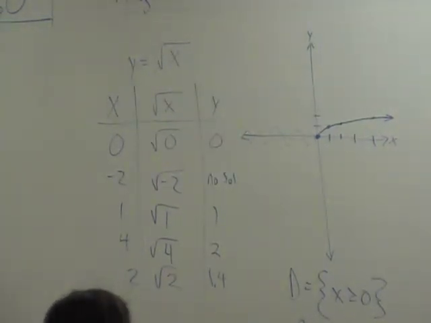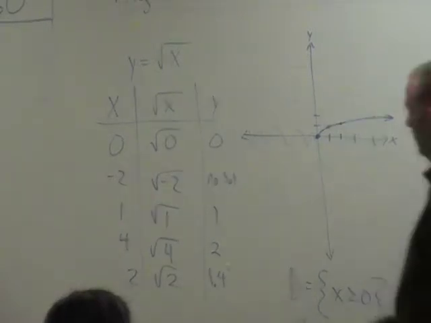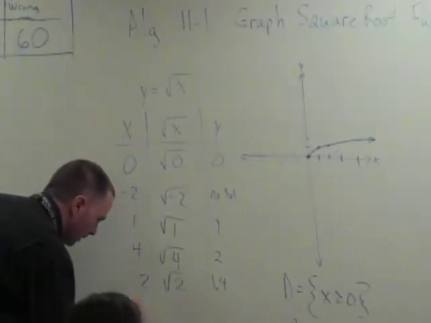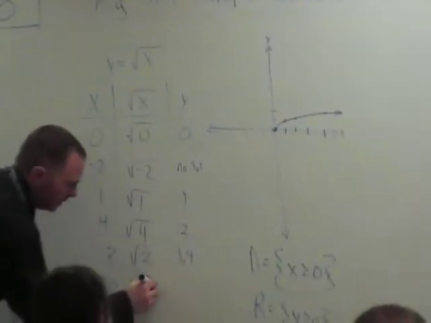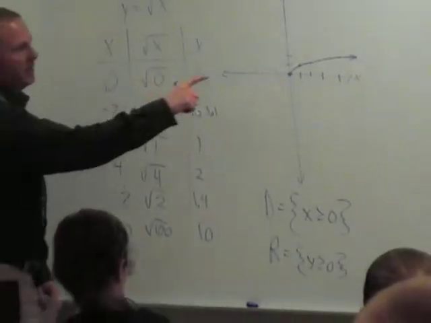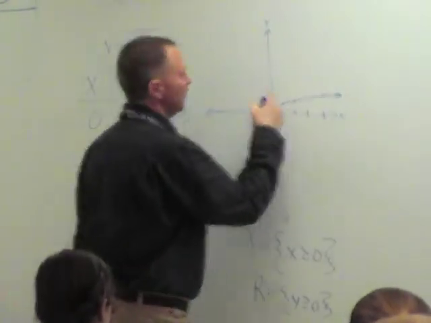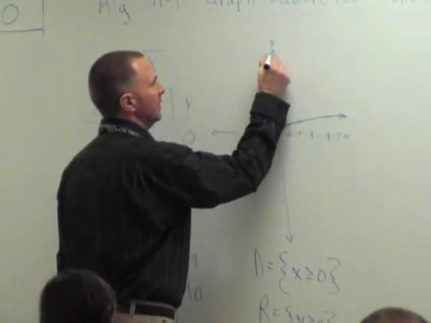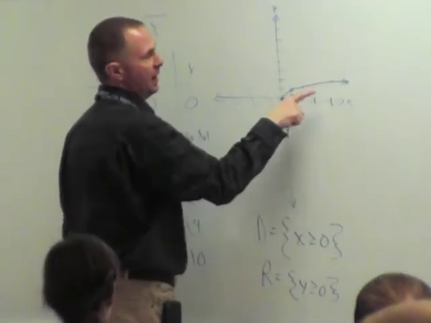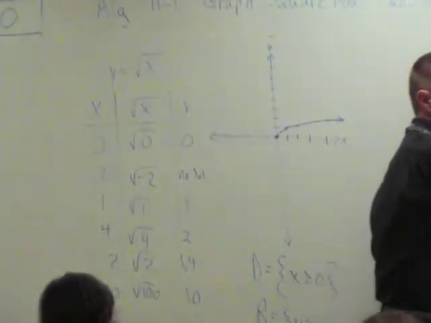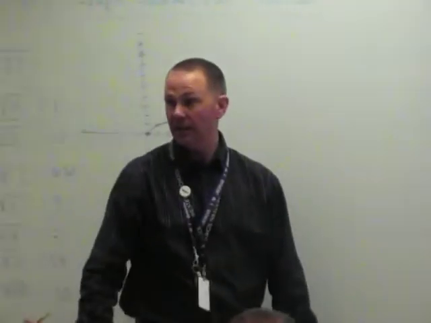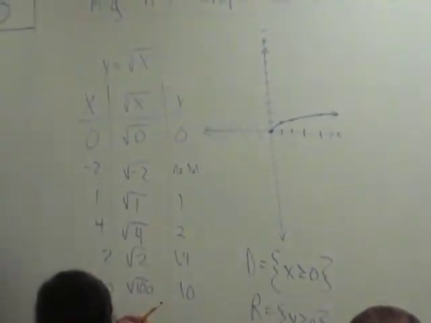What if x is 100? Root of 100 is 10. You got to go out 100 spots before you get up to 3, 4, 5, 6, 7, 8, 9, 10. That high. This keeps increasing all the way up 100 points, and it finally gets to 10.